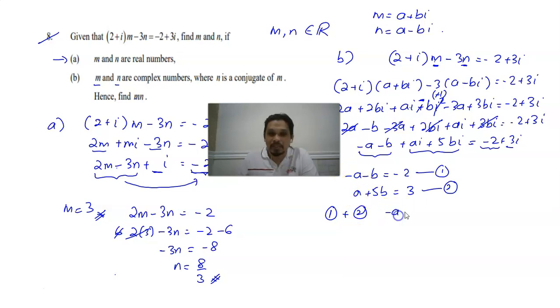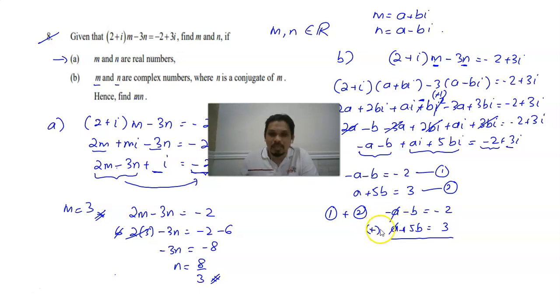So negative a minus b equal to negative 2, and a plus 5b equal to 3. Equation 1 plus equation 2, negative a plus a, 0.